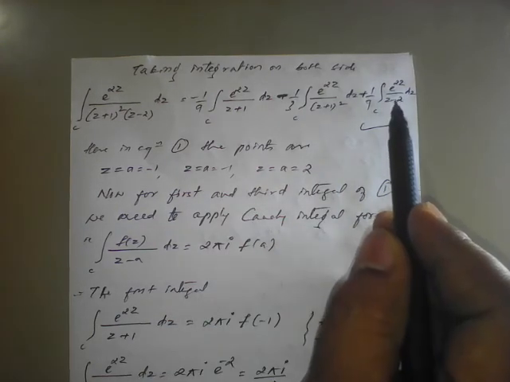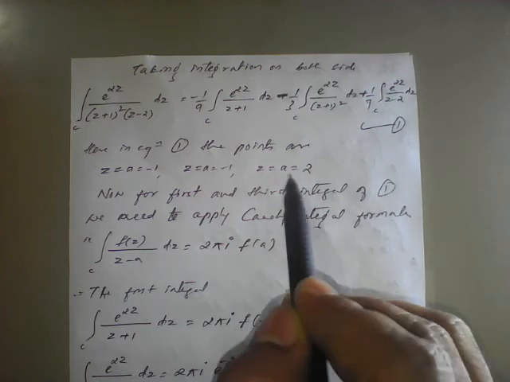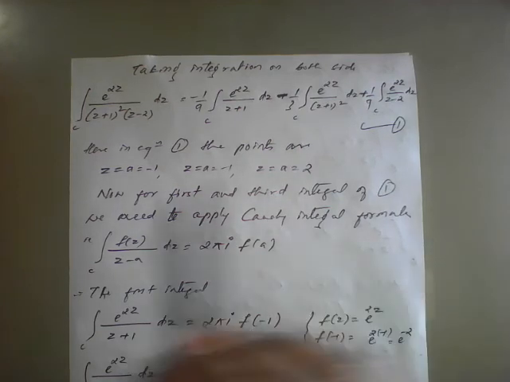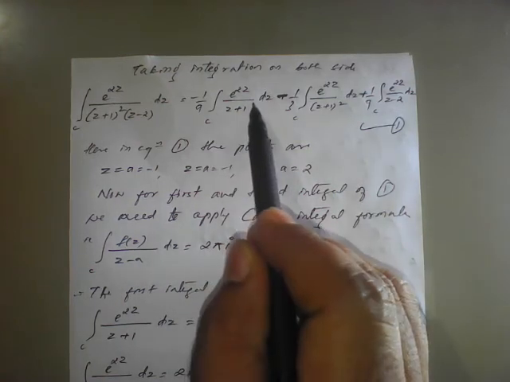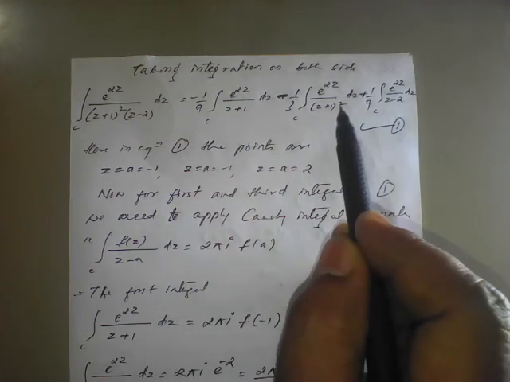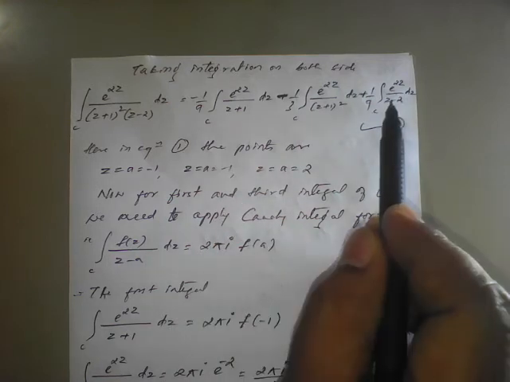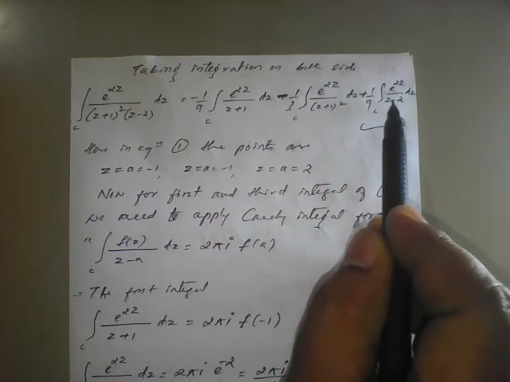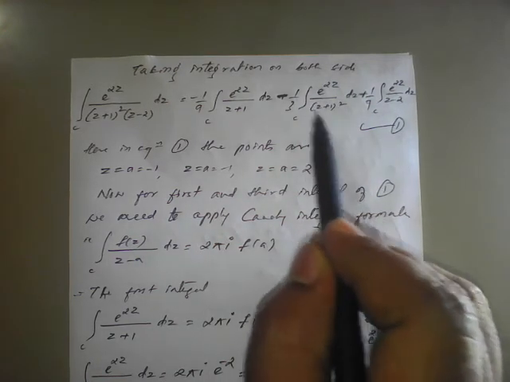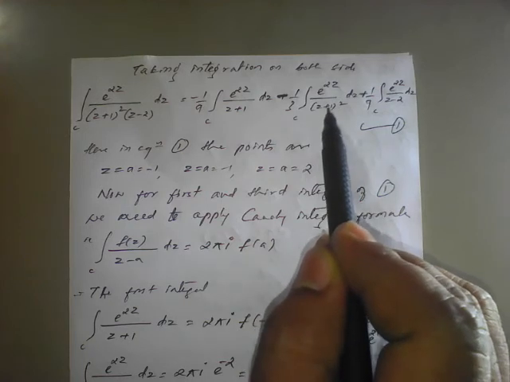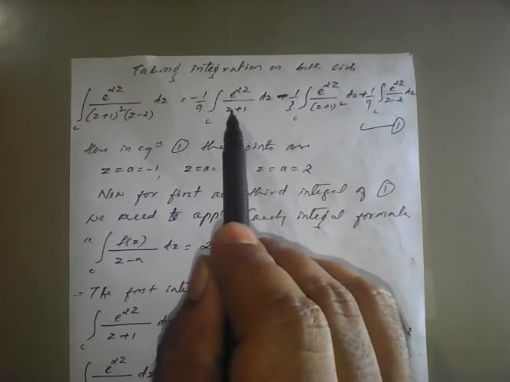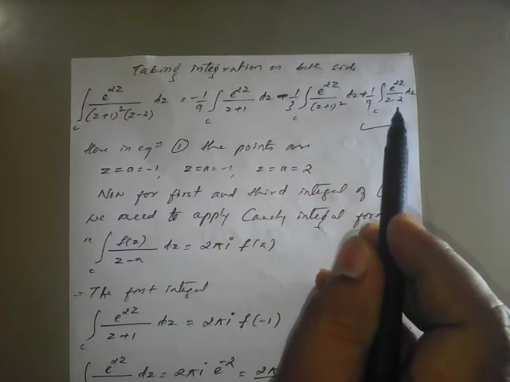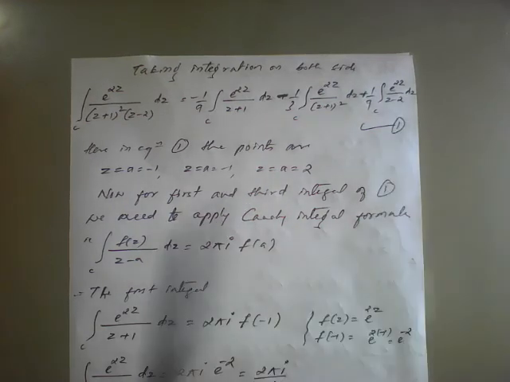And from the third integral, the z value will be 2. Now look at the first and third: we don't have any power here, but in the second there is a power of 2. So for the first and third we need to apply Cauchy's integral formula, and for the second one we need to apply the generalized Cauchy's integral formula. First I will solve the first and third integrals by using Cauchy's integral formula.